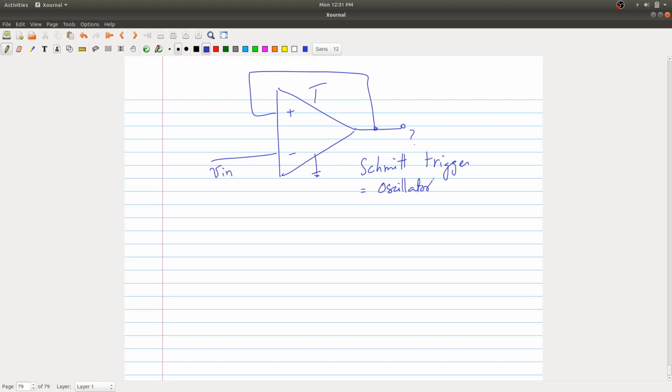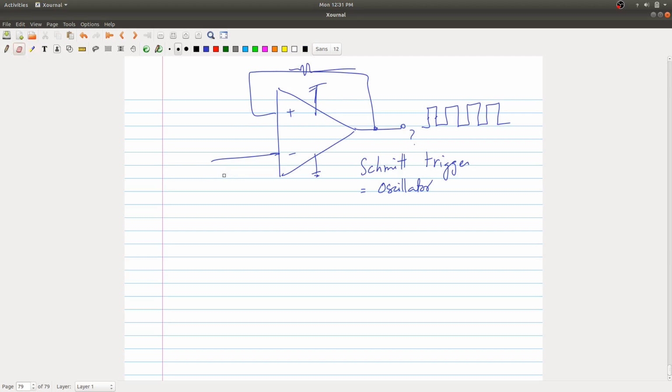It's an oscillator. Using positive feedback you can always make an oscillator. So the output will be a square wave. It will oscillate between VDD and ground, and where it's going to oscillate you can find out through the triggering point. The triggering point can be decided by the Schmitt trigger circuit. You must have studied it somewhere, right?